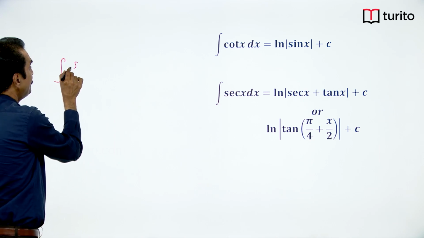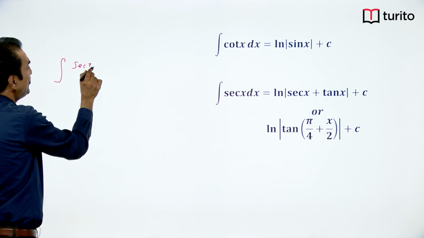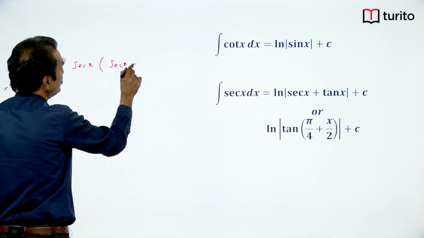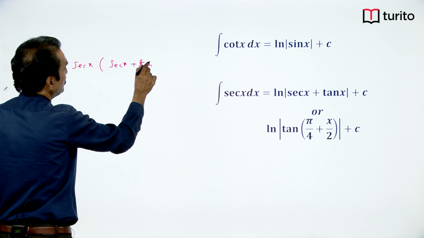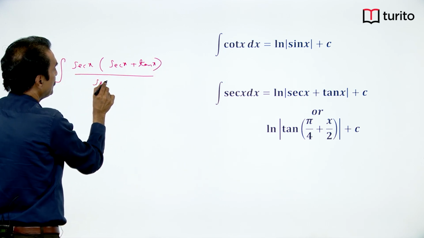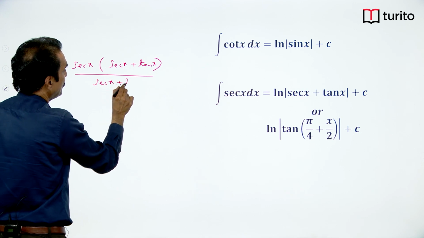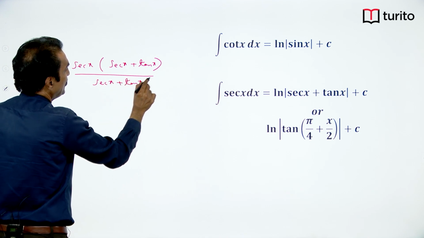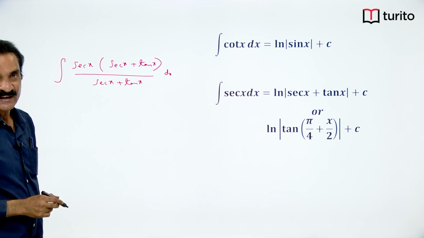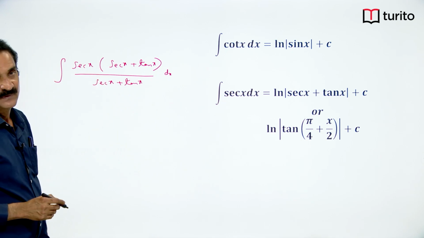This time we multiply and divide by secant x plus tan x. Secant x is multiplied by secant x plus tan x and divided by the same.